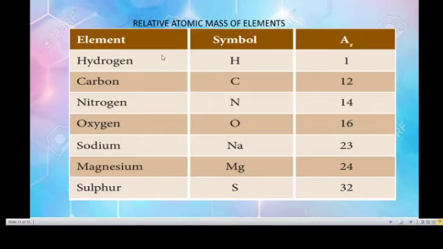Some of the relative atomic masses of the elements. Element, symbol, relative atomic mass. Hydrogen, symbol H, relative atomic mass 1. Carbon, symbol C, relative atomic mass 12.